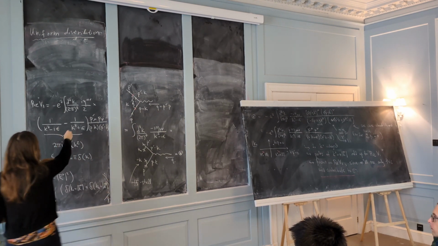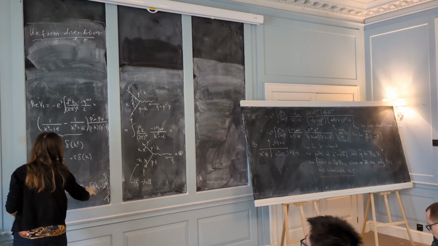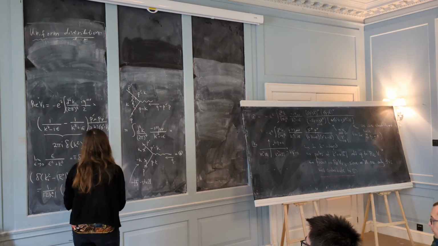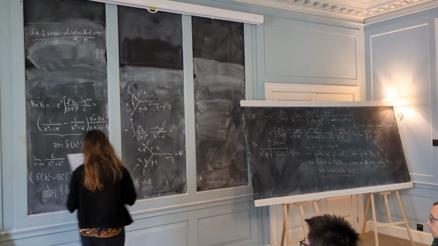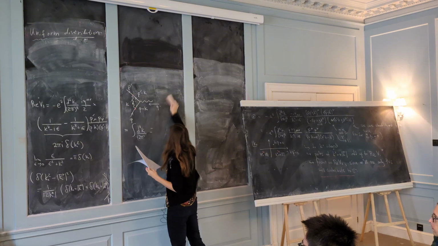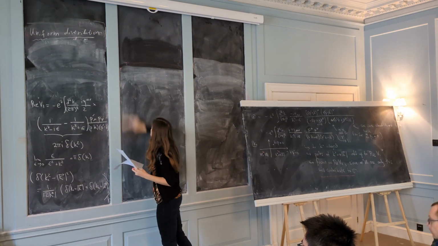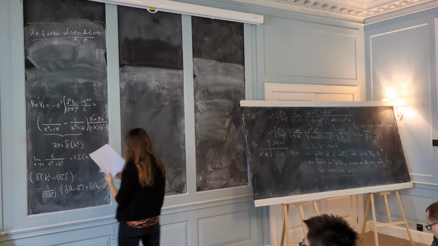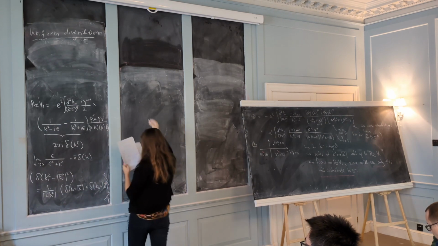Since here we're integrating over all k0, these two factors essentially add up to another factor of 2. So now you can just do the integral over k0 using these identities. And you get the following.